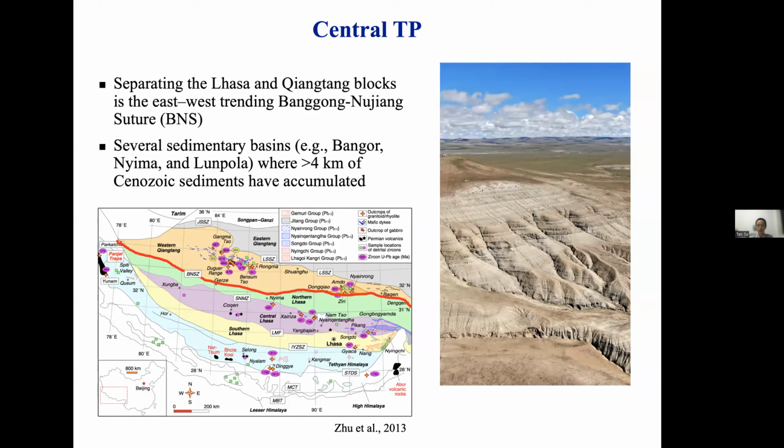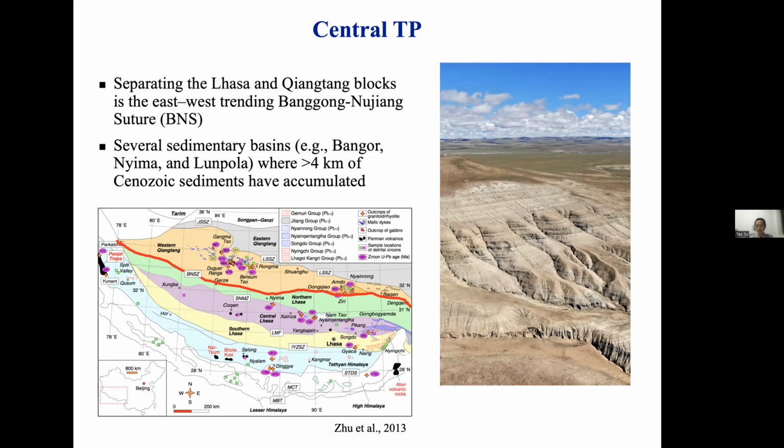And so we collected fossils in these basins, and we found several very important Cenozoic floras in this region. The photo on the right is the landscape of one of our fossil sites in Lunpola Basin.